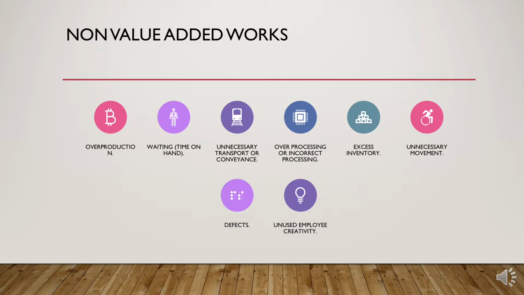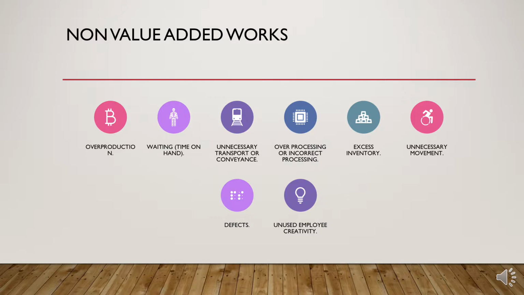It consumes a lot of energy, so it is non-value added work. Over-processing a product or incorrect processing is also non-value added work. Excess inventory is one of the greatest non-value added works. TPS has made a great contribution to minimizing inventory levels.